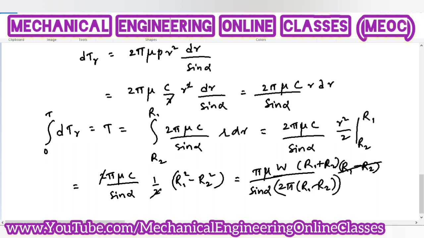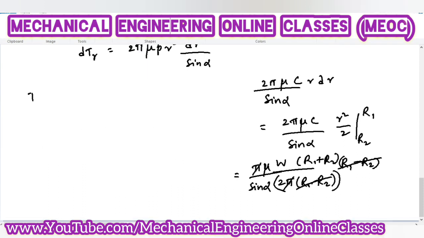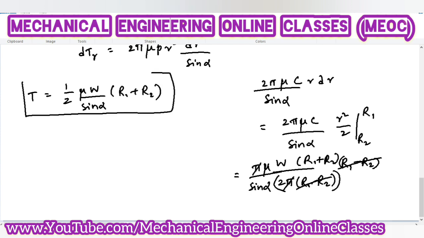So I can cancel out this factor and pi also. So we will get a formula which is T is equal to half mu W by sine alpha into R1 plus R2. This is the torque transmitting capacity of a cone clutch when uniform wear theory is considered.